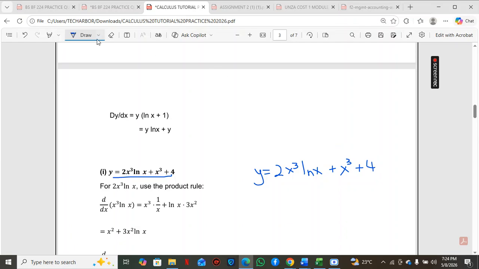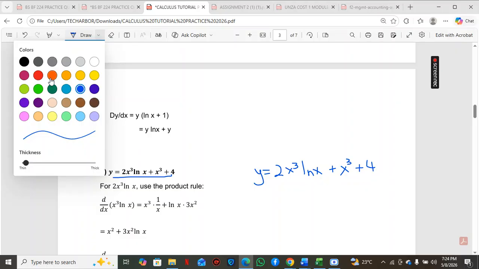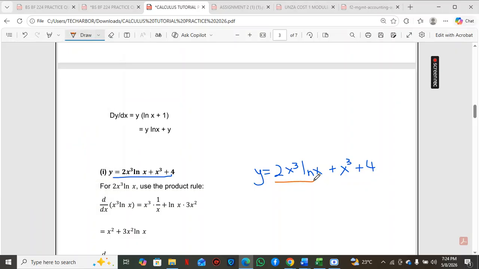So here basically we have to derive each of these terms. We derive this, we derive this, we derive that. So we're going to start with this one here.